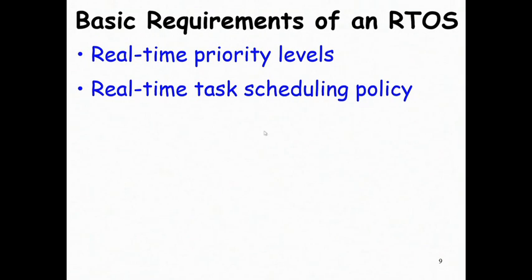A shifting priority level with time is not suitable for real time applications. So, the first requirement is a fixed priority level. The second thing is the task scheduling policy, and we will spend a good amount of time discussing the important task scheduling algorithms.